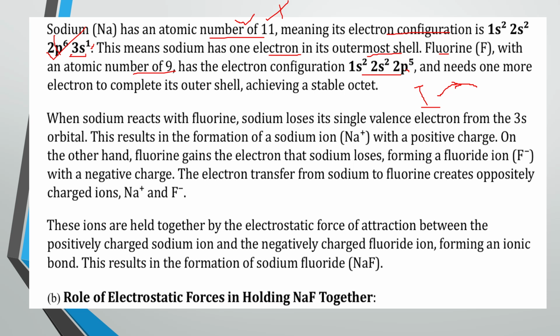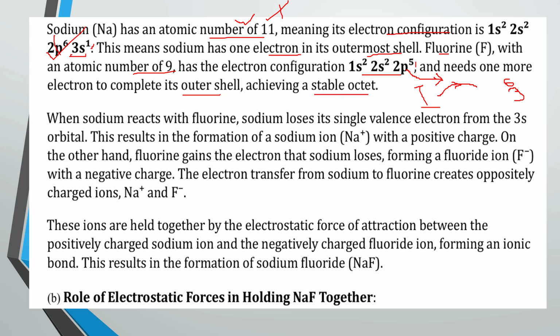For the p subenergy level to be stable, it has to be either full with 6 electrons or half filled with 3 electrons, but it only has 5. That means that it's lacking 1. So for it to gain a stable electronic configuration, a noble gas electronic configuration, a stable octet, it has to gain 1 electron to complete its stability.